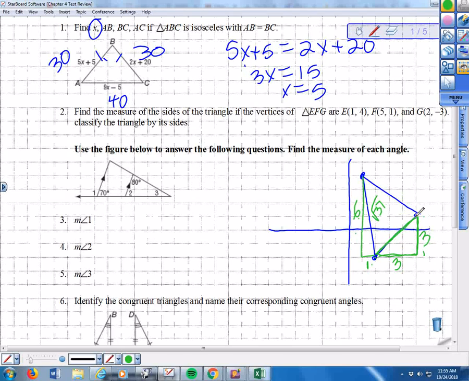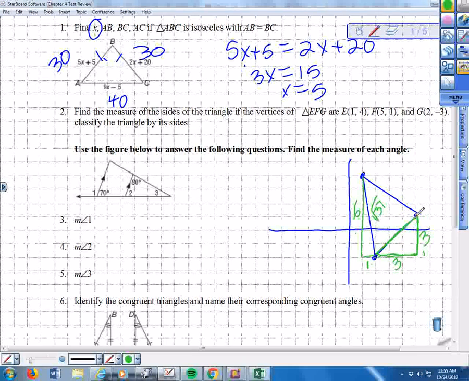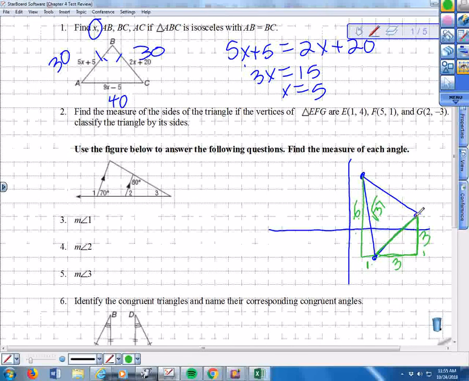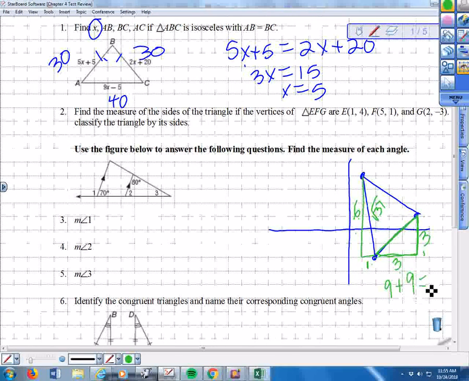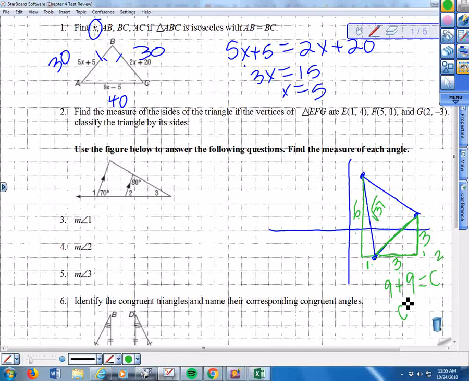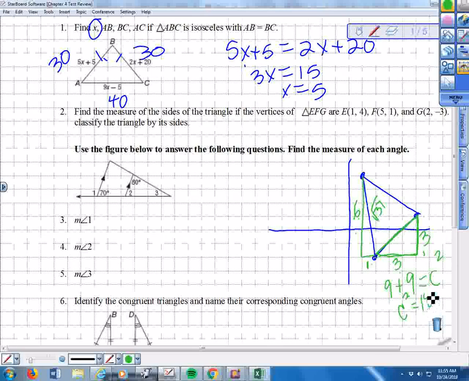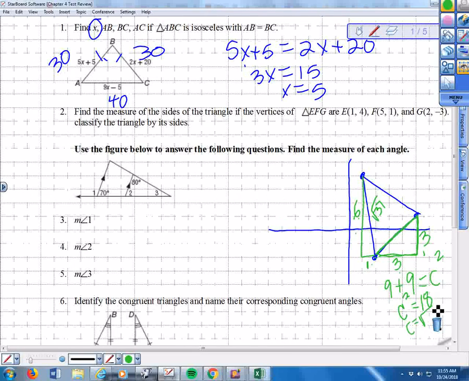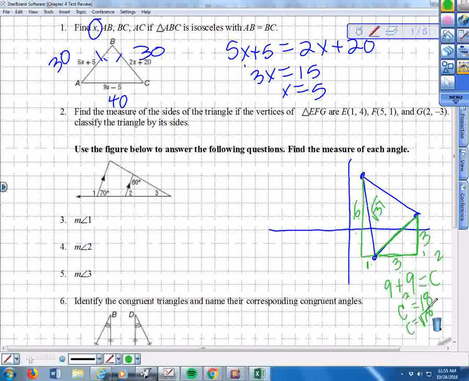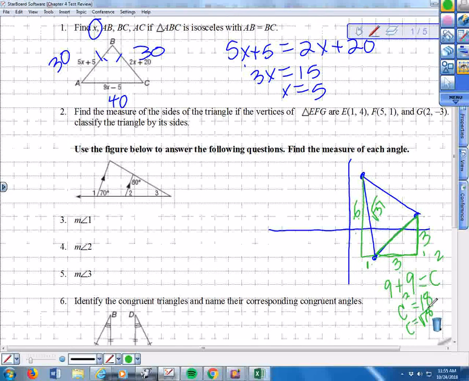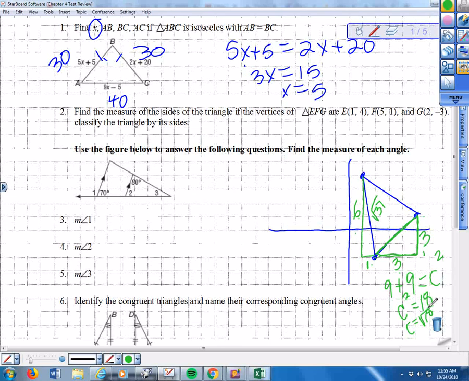Pythagorean theorem. A squared plus b squared equals c squared. So a squared is 3 squared, 9, plus b squared is 9, equals what I'm looking for, c squared. So c squared must be 18. C is equal to the square root of 18. Not going to worry about simplifying a radical yet. We'll worry about that in chapter 8. So square root of 18 is fine at this point as an answer.